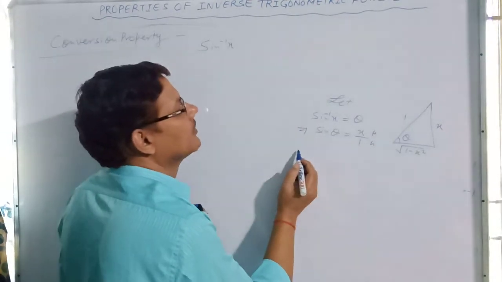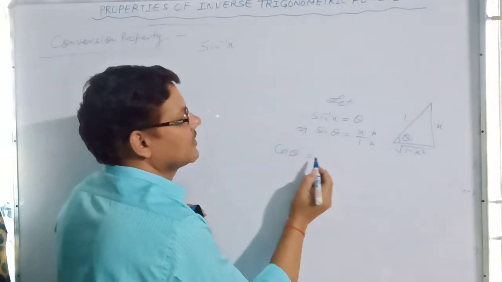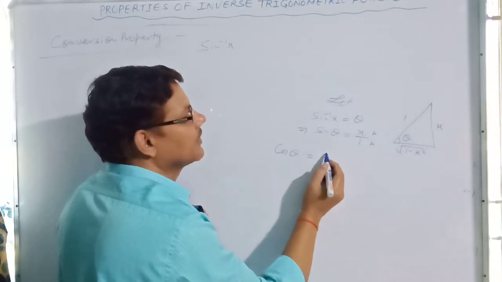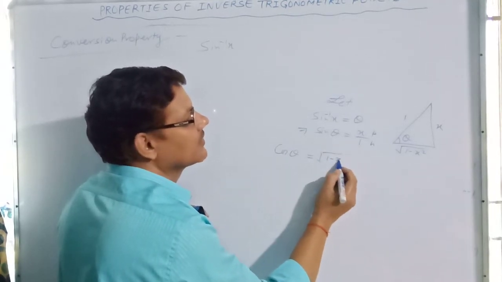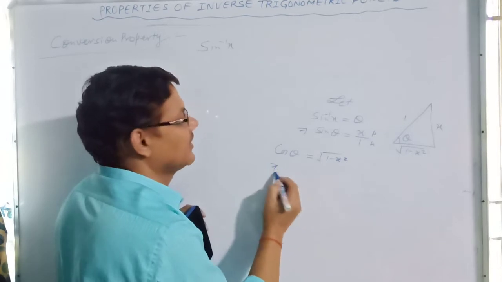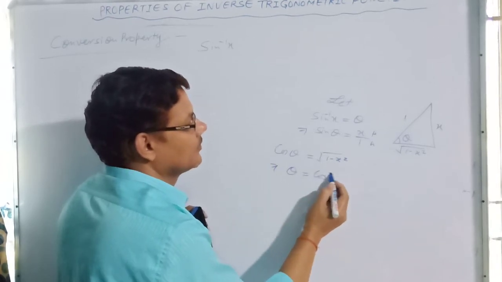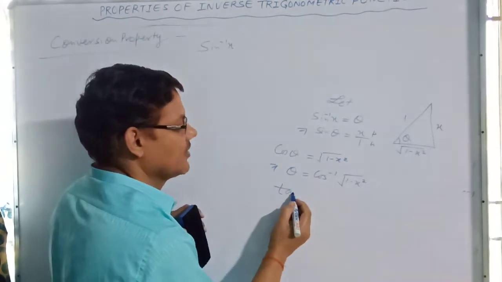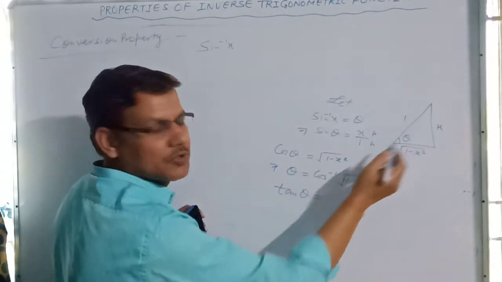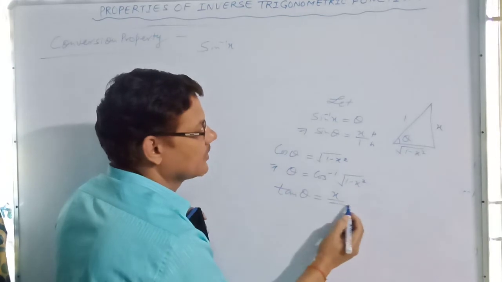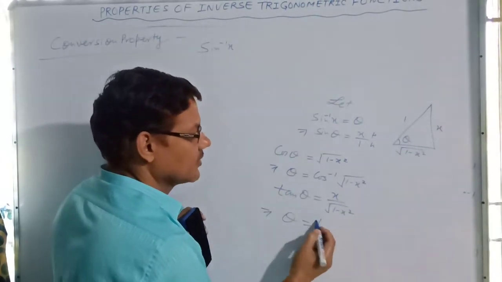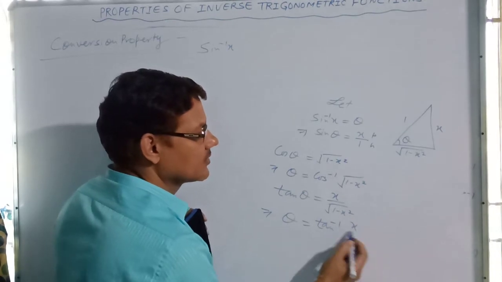So from here cos theta is equal to root over 1 minus x square by 1. It implies theta is equal to cos inverse of root over 1 minus x square. At the same time, from the figure, tan theta is equal to x by root over 1 minus x square. It implies theta is equal to tan inverse of x by root over 1 minus x square.